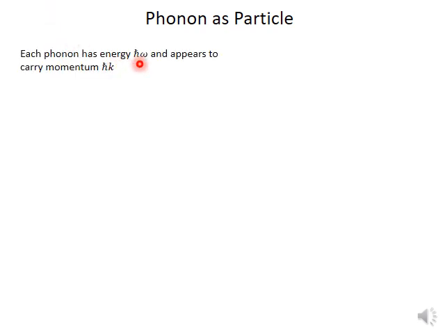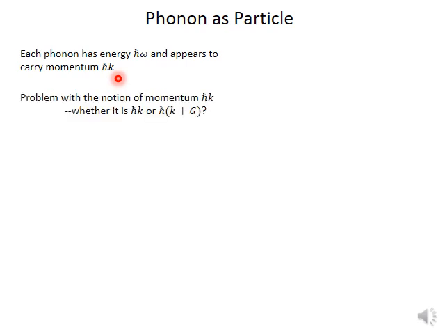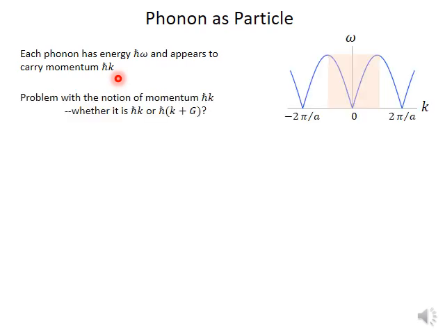Let's say omega represents the angular frequency of a particular k mode, then one can define h bar omega as the energy of a phonon and h bar k as the momentum of the phonon. This h bar omega is fine, but h bar k has a problem with it.